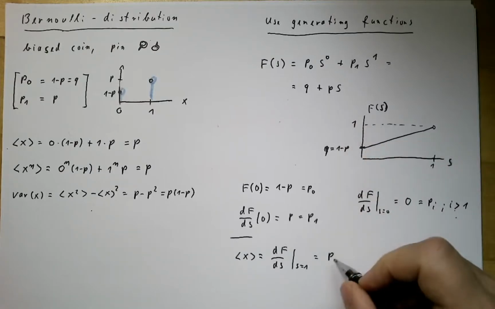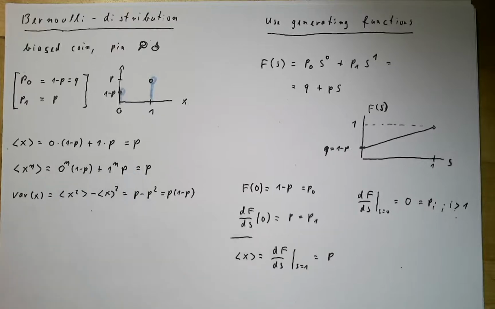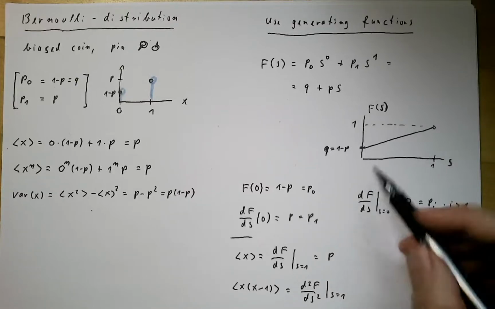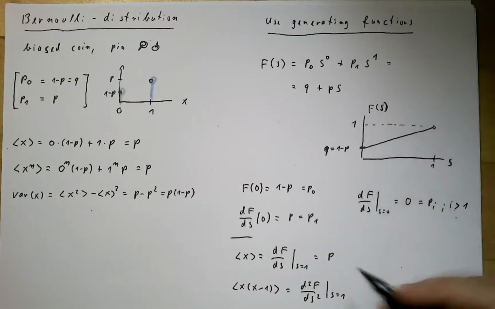So we just have P, the same thing we found here. So what is the expectation of x times x minus 1? That is the second derivative of our generating function at s equal 1. Now the second derivative of a linear function is 0.